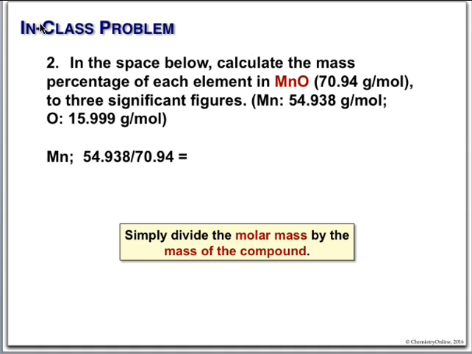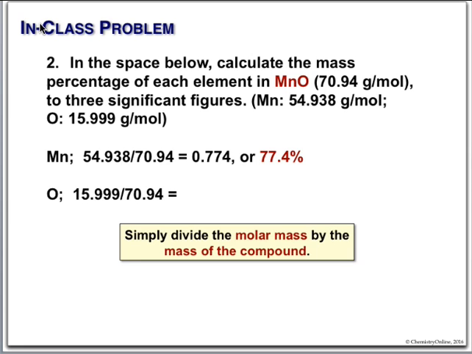So, for manganese, molar mass is 54.93. Mass of our compound is 70.94. Our percentage would be 77.4. The fraction is 0.774. For oxygen, our molar mass is going to be about 16 per mole. Again, the same thing, we're going to divide it by the total mass of the compound.